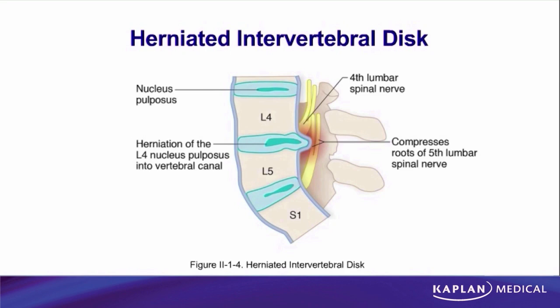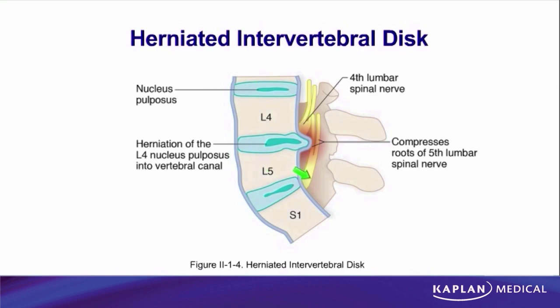So using this example on this diagram, we're looking at a herniation of the L4, L5 disc. And so we said that if it's going to compress one spinal nerve, it will compress the nerve with the number of the vertebra below the disc. So the vertebra below the disc is L5, so it would compress the L5 nerve, which is this spinal nerve here.